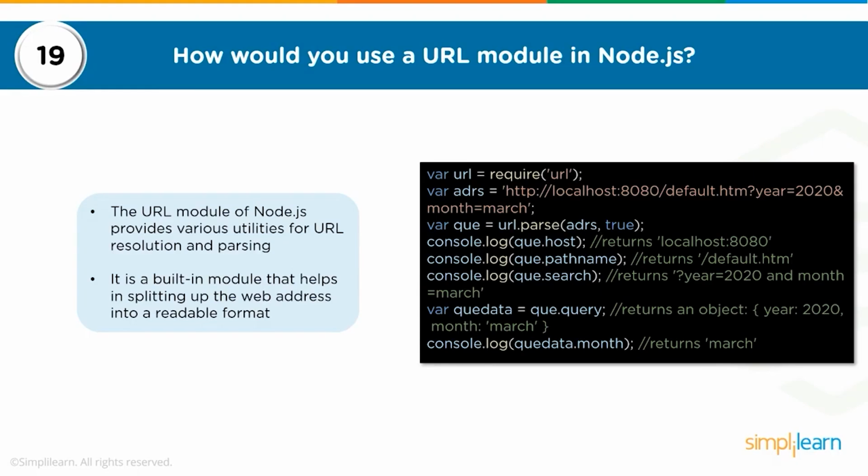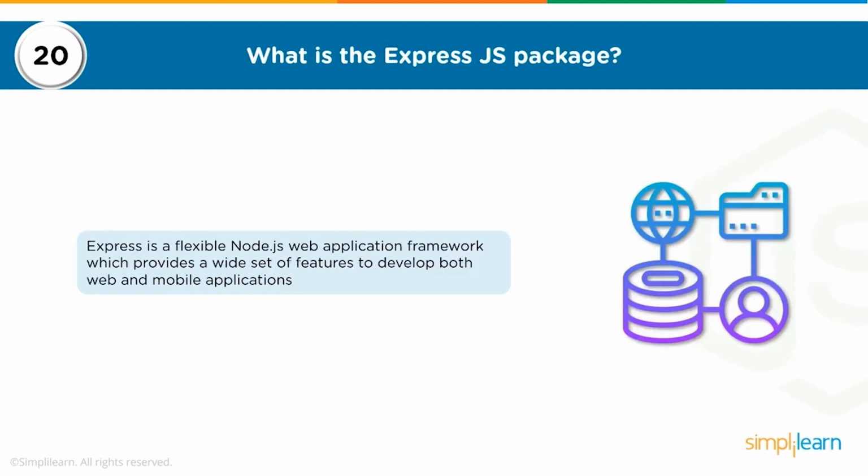So in this example, we have the URL and the response it would give for that URL, which would be a year and month in a readable format. So it would read out as 2020 and then the month.